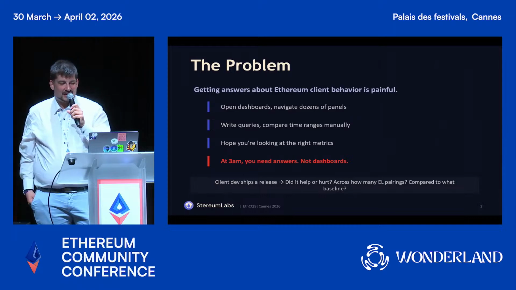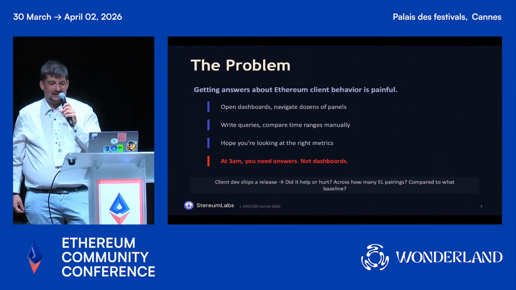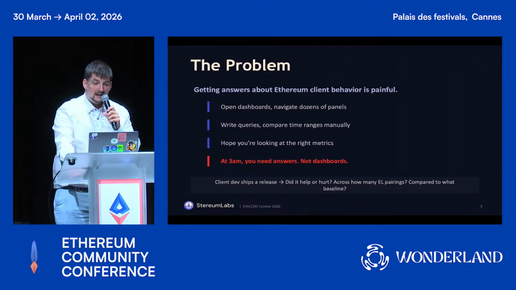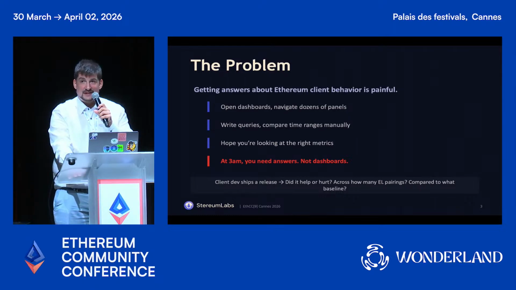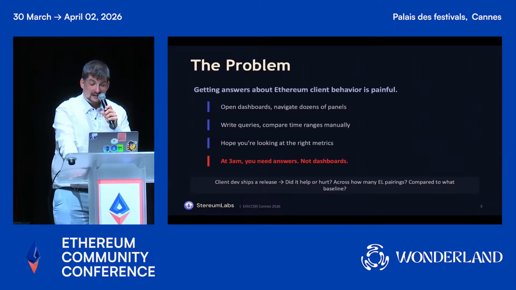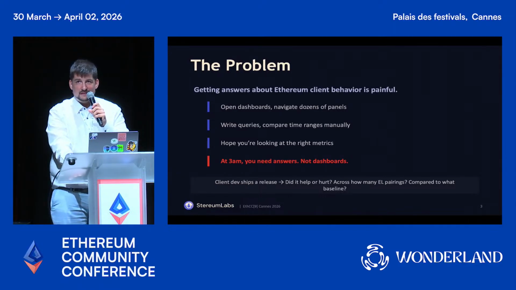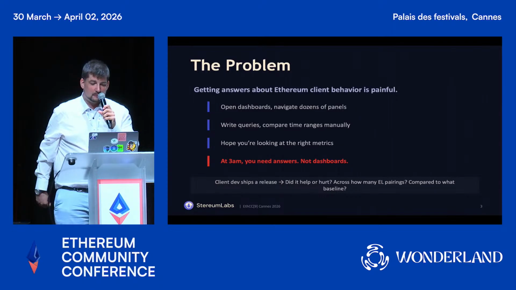If you're running actively at 3 a.m., you need answers, not dashboards. So if client devs ship a new release, you always find yourself with the same painful questions. Did it help or hurt? On how many pairings, and compared to what baseline?